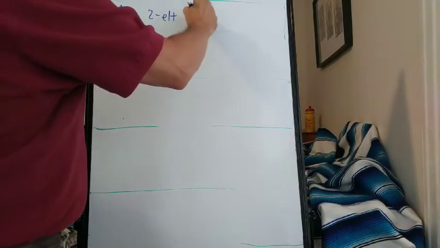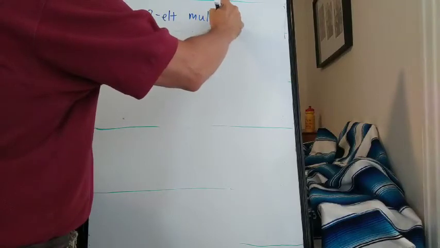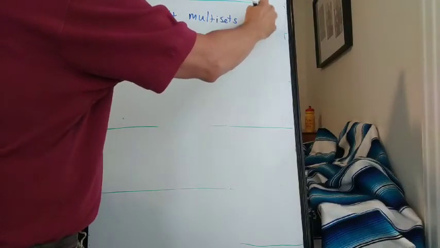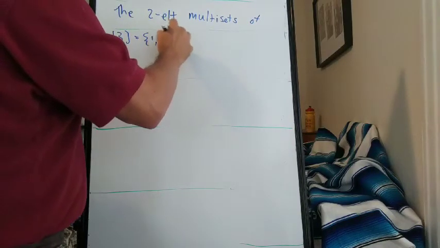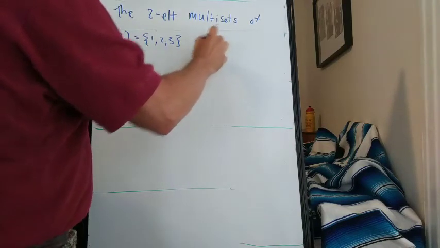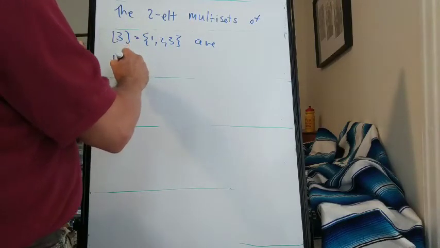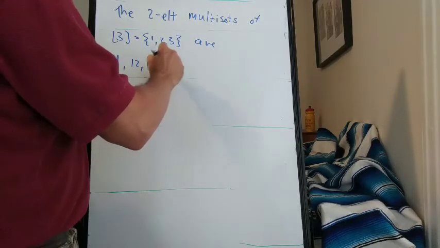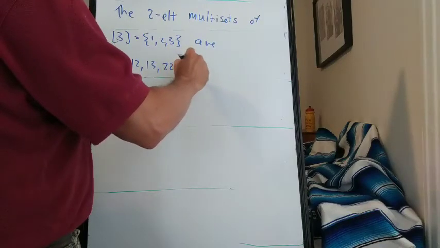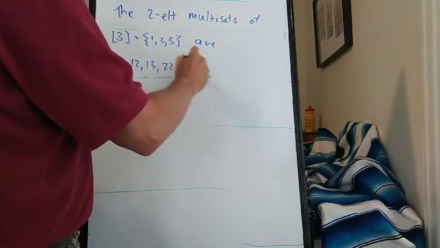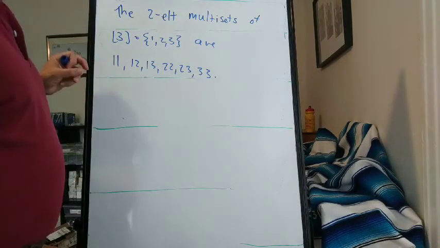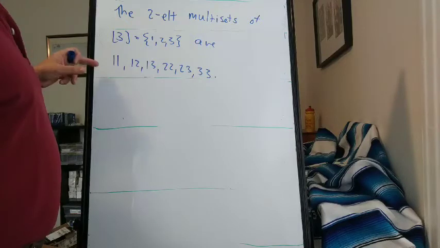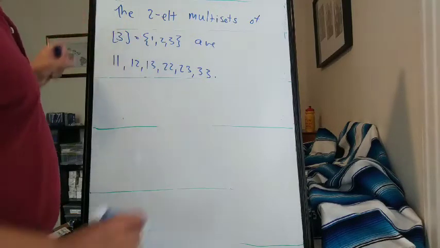So the two-element multisets of numbers 1, 2, 3 are 1,1; 1,2; 1,3; 2,2; 2,3; 3,3. Equivalently, we could say these are weakly increasing sequences made with those elements.